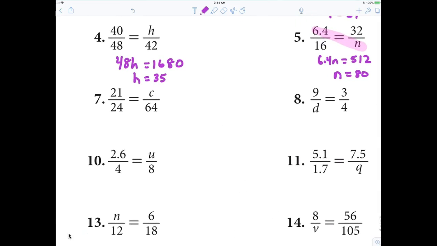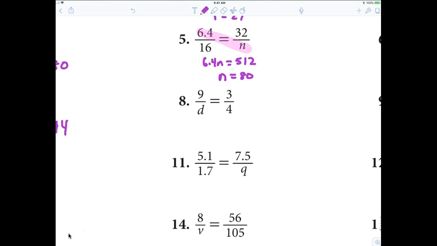How do I set this up? And what is that? Good. Yes, you do. Good job. That's 56.